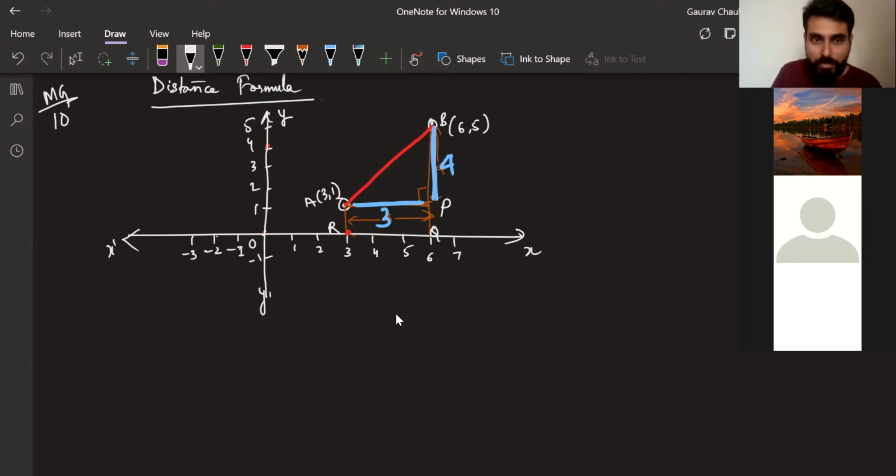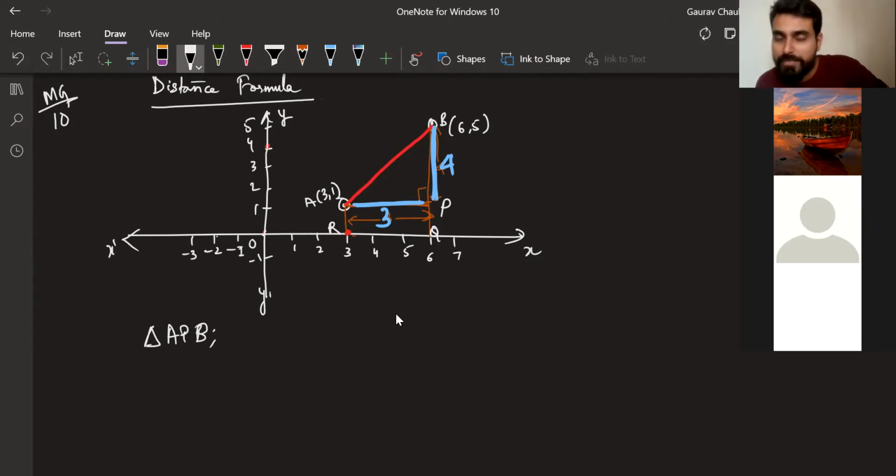Think about it. To find the distance AB, I'm going to use triangle APB. I have already dropped the perpendicular here. I'm not going to write the whole derivation, just so that we are able to imagine.